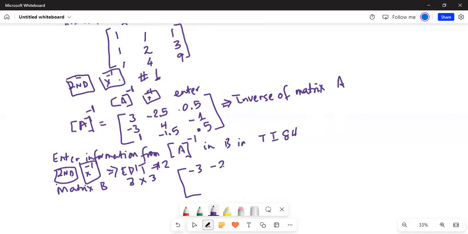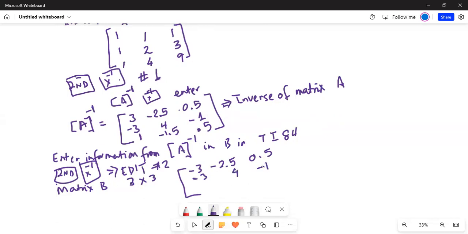So minus 3, minus 2.5, 0.5 in the first row. Remember the minus is always next to enter. Minus 3, enter, minus 2.5, enter, and then 0.5, enter. Next line is minus 3, 4, and minus 1.